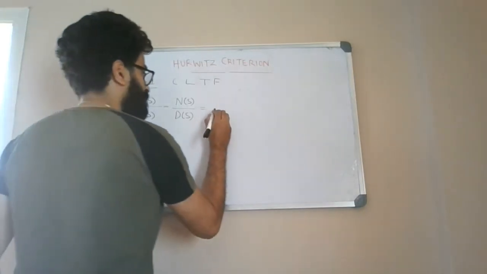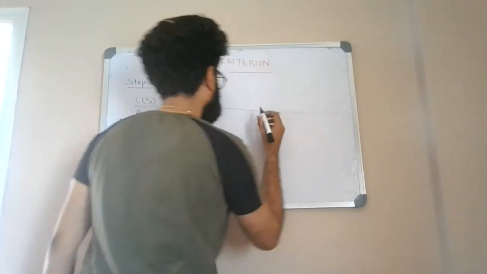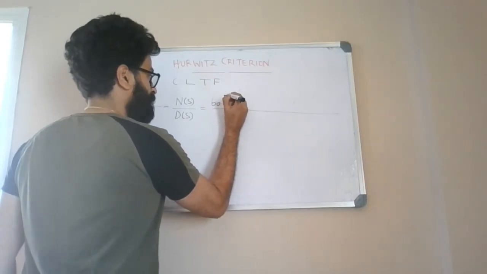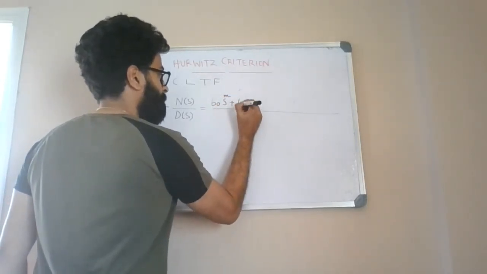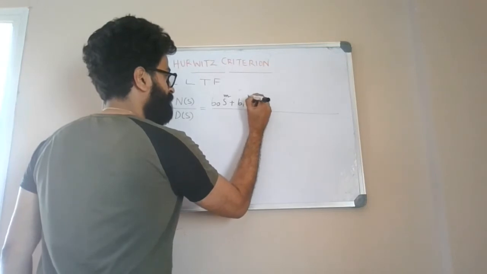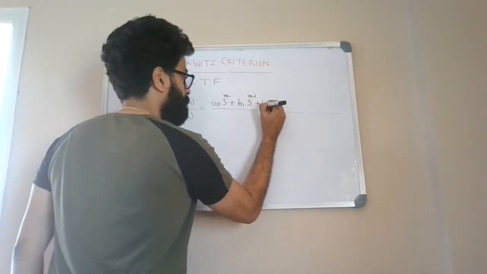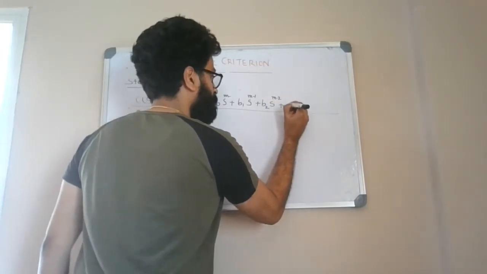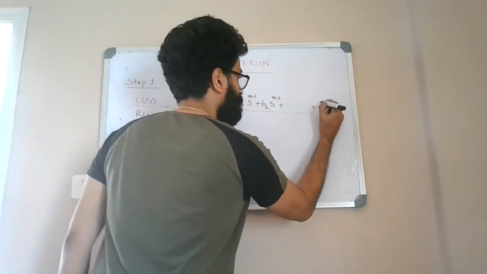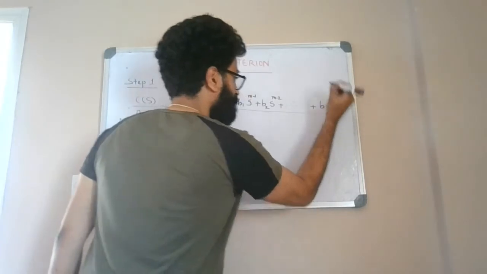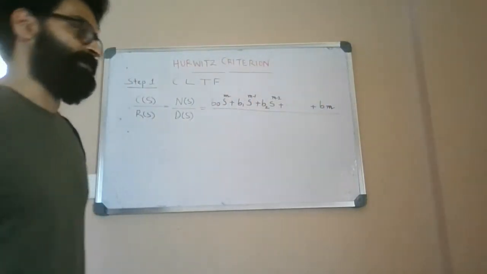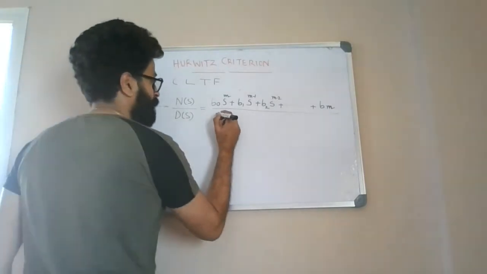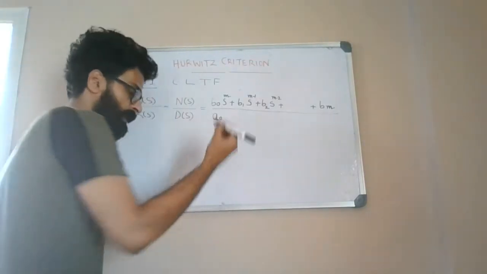Let's say our polynomial is of this kind: b0 s to the power m plus b1 s to the power m minus 1, plus b2 s to the power m minus 2, and so on until you reach the last coefficient, that is bm.